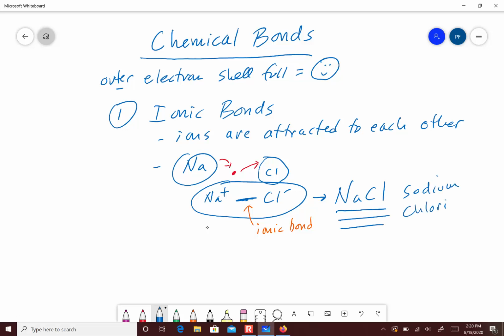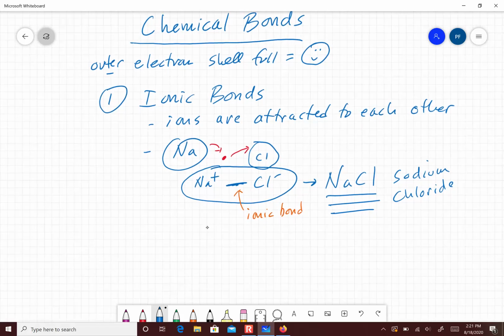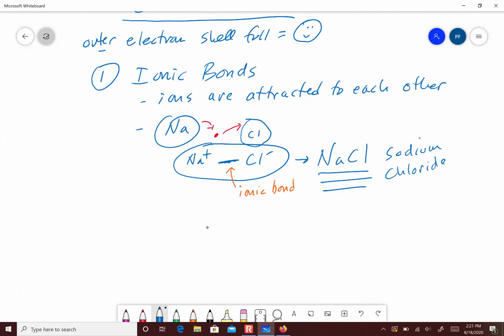It's table salt, sodium chloride. The sodium and the chlorine held together in this ionic bond create a sodium chloride molecule, which is neutral. The whole molecule is neutral. We got one plus and one minus when they're together. Okay, it's the ionic bonding that's holding those things together.